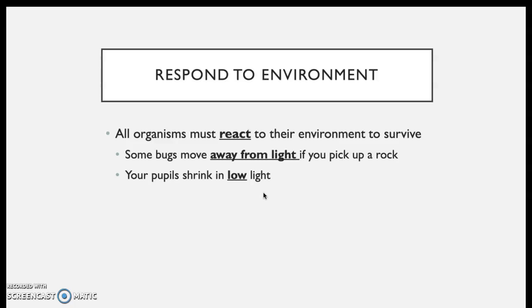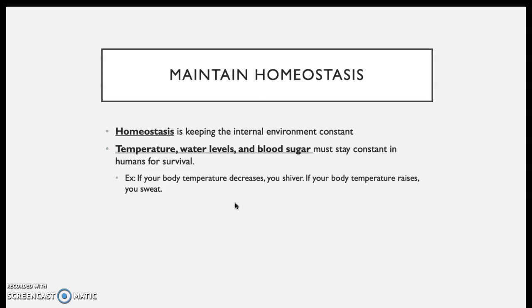If you go out into bright sunlight, and there's a typo on this slide, your pupils would shrink. Otherwise, the sensitive nerves in your eyes could get damaged from the amount of light that's going through there. And likewise, if you go into a dark room, your pupils will dilate so that your eye can receive more light and help you process images there.